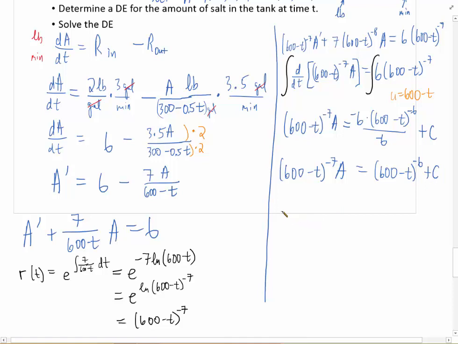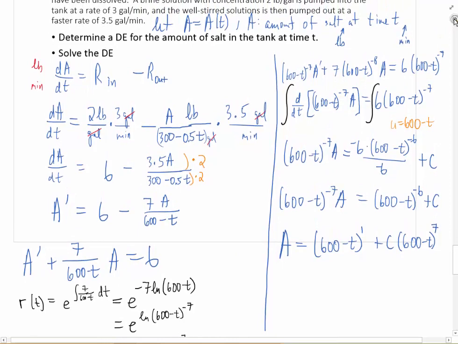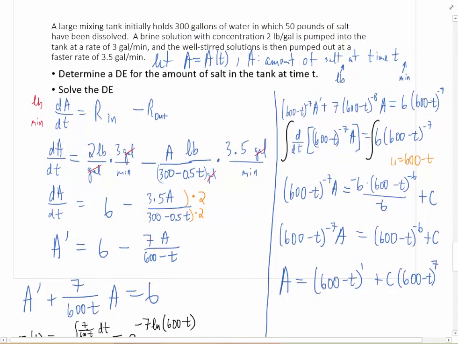I can solve for A by multiplying through by 600 minus t to the 7th. A is then equal to 600 minus t to the 1st power plus C times 600 minus t to the 7th. Okay, we have this, but now we must remember that there was an initial value. Maybe we should have written that back up here.